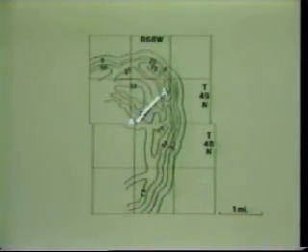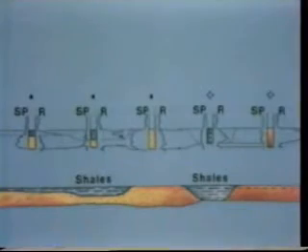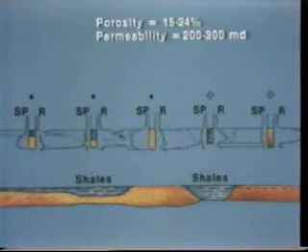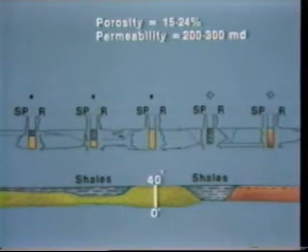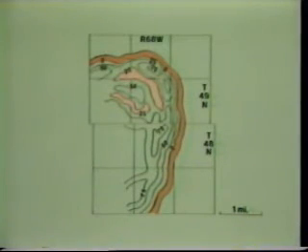In cross-section, we can see how the reservoir lies next to impervious shales, which were originally muds that filled an abandoned channel oxbow. The fine-grained sands have porosities between 15% and 24%, permeabilities of 200 to 300 millidarcies, and a maximum oil column of about 12 meters. Coyote Creek, then, represents almost ideally preserved point bar geometry.